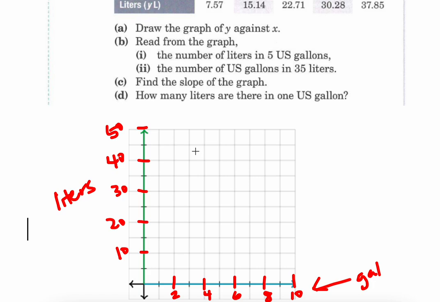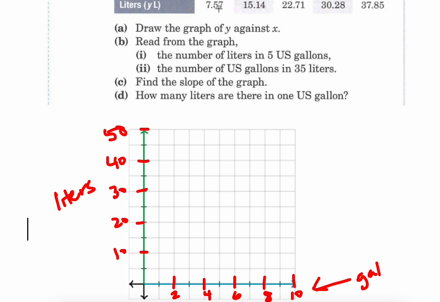Unless I want to go by 3s. Let's see. 1, 2, 3, 4, 5, 6, 7, 8, 9, 10. No, I wouldn't have enough for 3s. So let's just go by 10s. 10, 20, 30, 40, and 50.